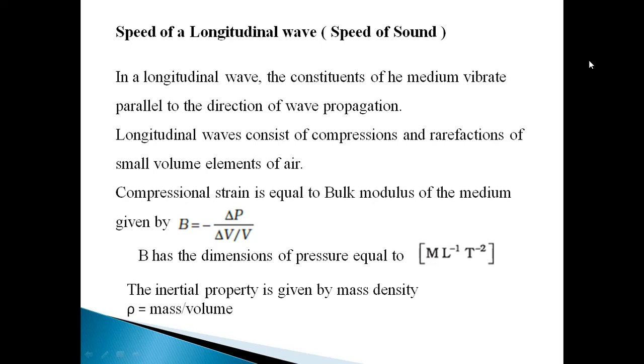B has the dimensions of pressure, and the dimensions of pressure are M L minus 1 T minus 2. Here again the inertial property is given by mass density, that is mass by volume. In the previous case it was mass by length, now it is mass by volume.